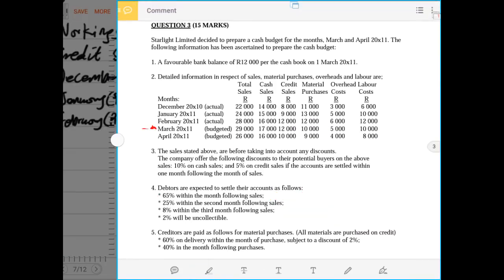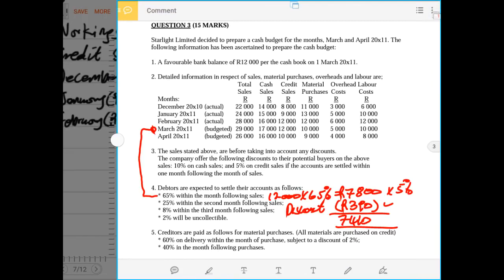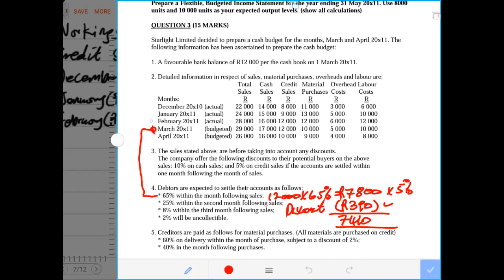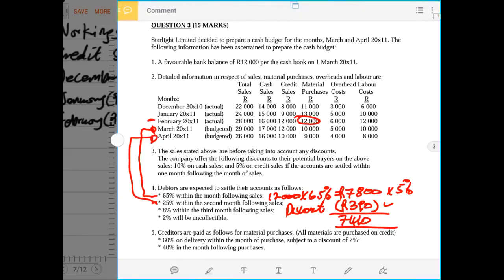Then after we do the collection now for the 25%. Out of the sales of February, remember we are still doing February, which is the 12,000. 25% will be collected within the second month following sale. Second month following January will be March, April. So 25% will be collected in April. And there's no discount for that.